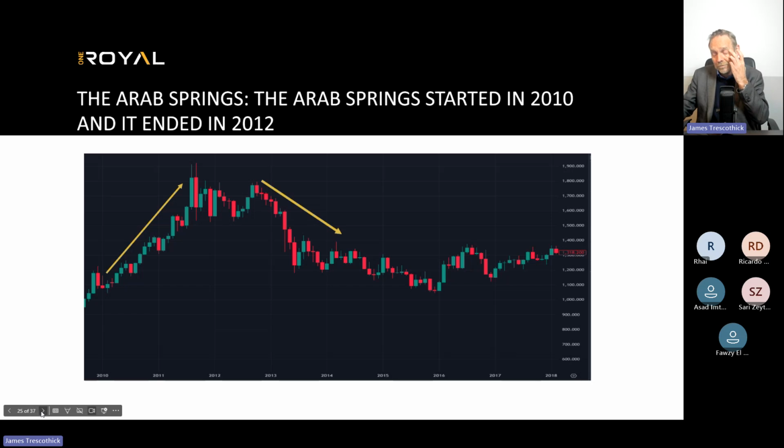Now, an example of conflict, for example, it's not just economic slowdown. Conflict impacts gold a lot. This is an example of the Arab Spring, which started back in 2010. It started off in Morocco, I think it was, and then spread. And as you can see, there was a lot of upheaval for those years. And gold skyrocketed because people were very nervous about the ongoing situation there.